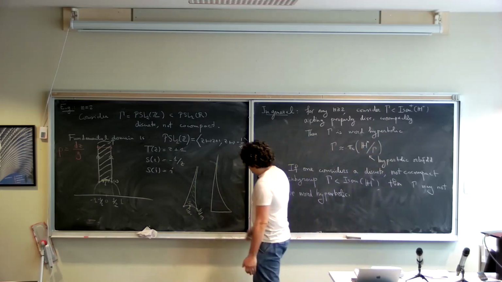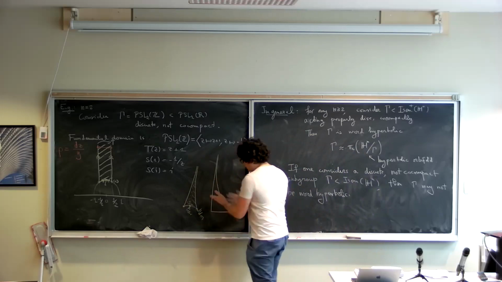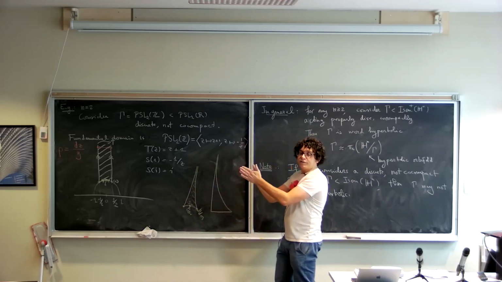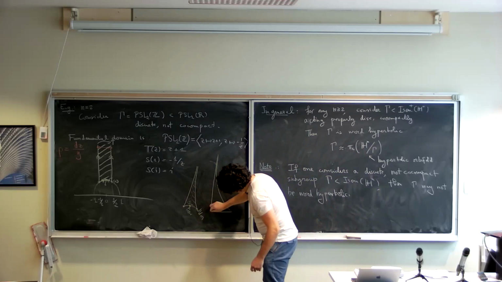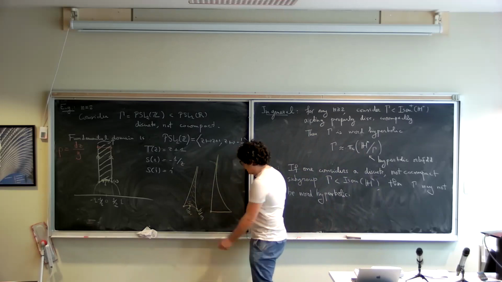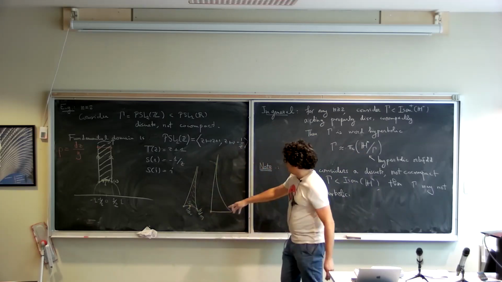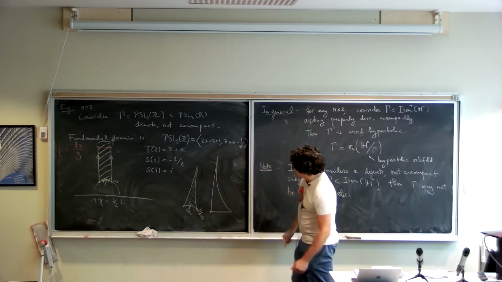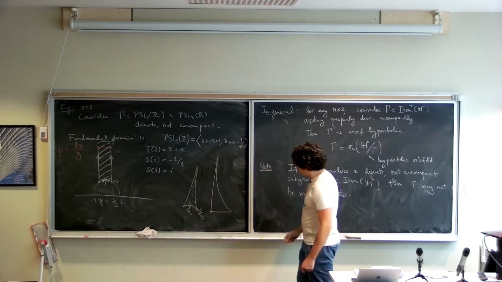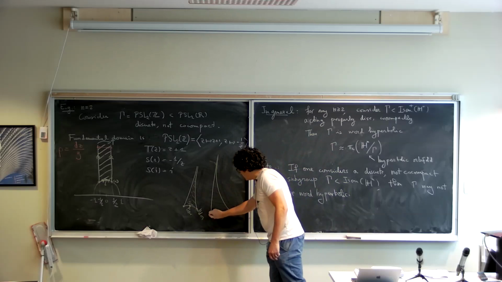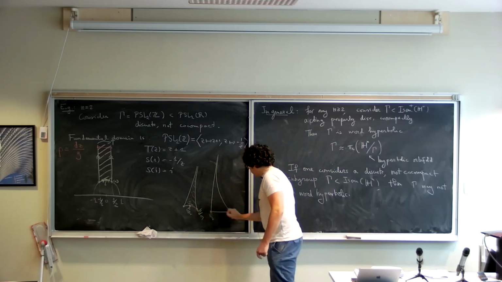If you think of this as having a front side and a back side, this point is a point where the total angle is not 2 pi, but just pi. So this has angle 2 pi over 2, and this point has angle 2 pi over 3.